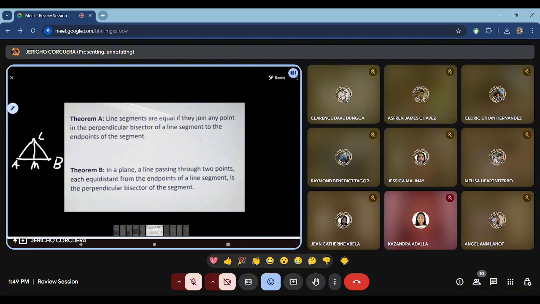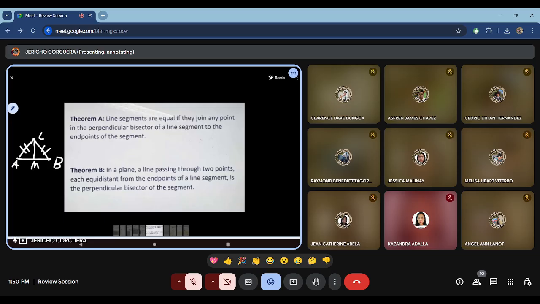Ayan, so meron tayong line segment AB and the perpendicular bisector of the line segment which is line CM. Then meron tayong line segments. Equal siya. Equal yung line segment AC and line segment BC.